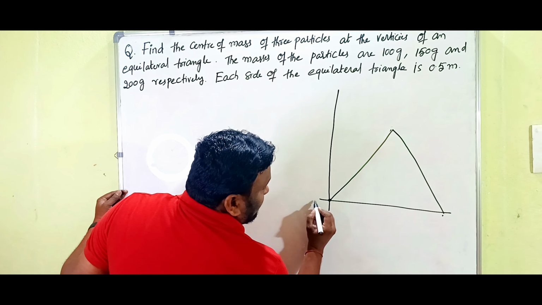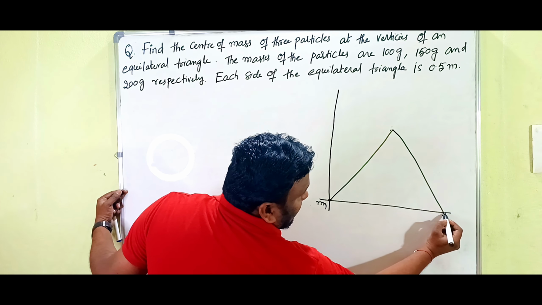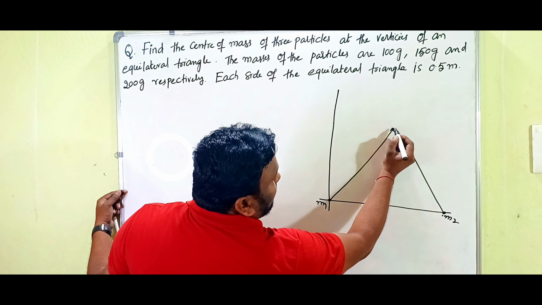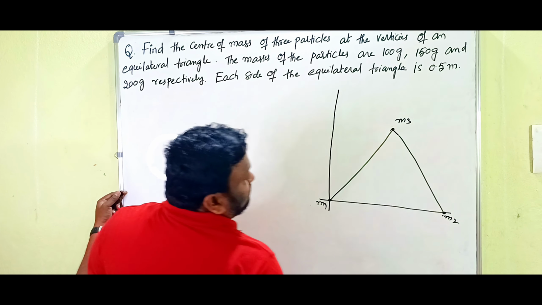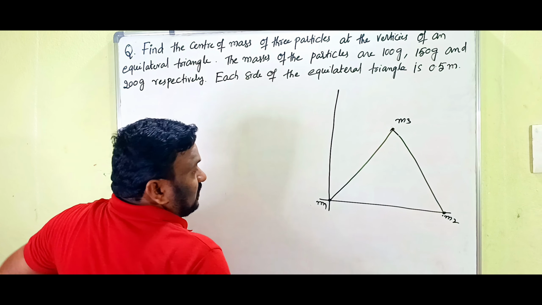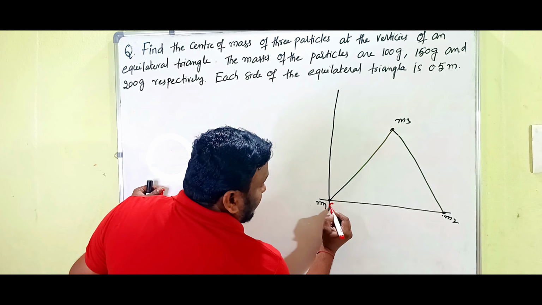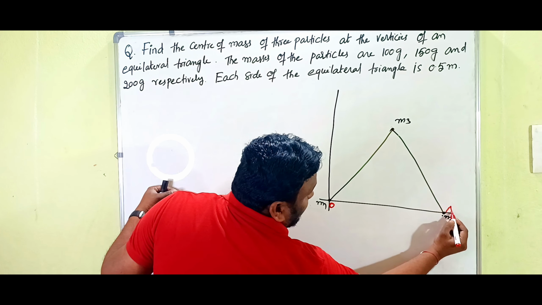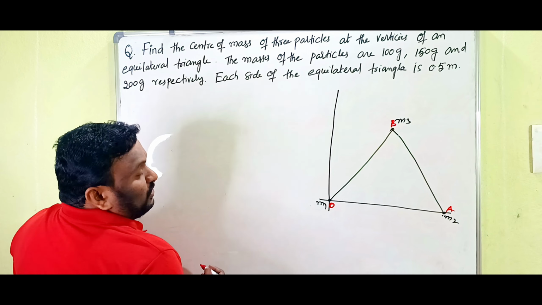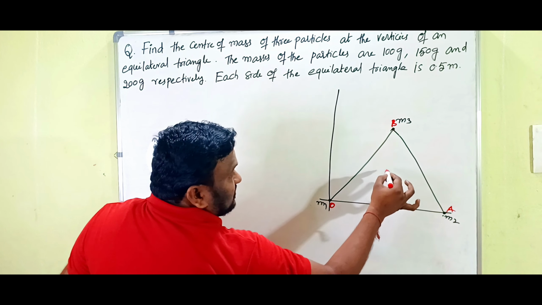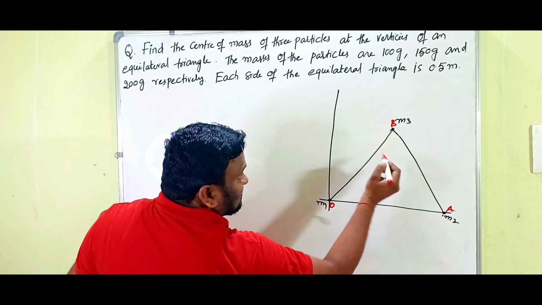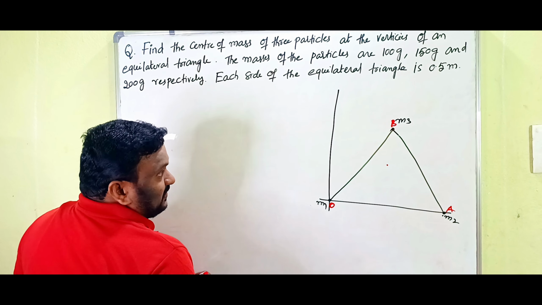This is the first particle of mass m1, here the second particle of mass m2, and this is the third particle of mass m3. Here this is the origin, this is the point I am calling A, and this is the point B. Now we want to find the center of mass of those particles, which means indirectly we are finding the center of mass of the equilateral triangle.